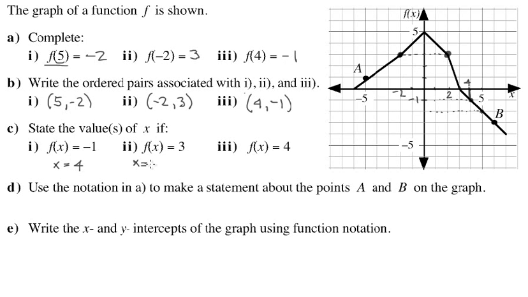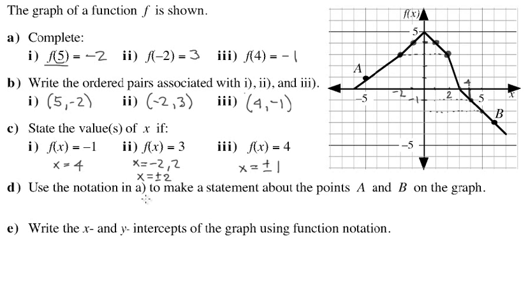You can say x equals -2, 2, or if you want to be compact, you can use that trick we learned from the roots and say x is ±2. If f of x is 4, the same thing happens. If y is 4, we're up here, and the function could be -1 or 1. I'll write it the compact way and say x is ±1.